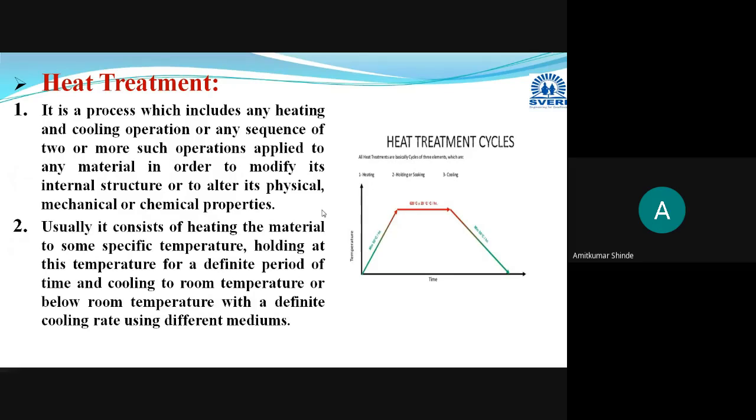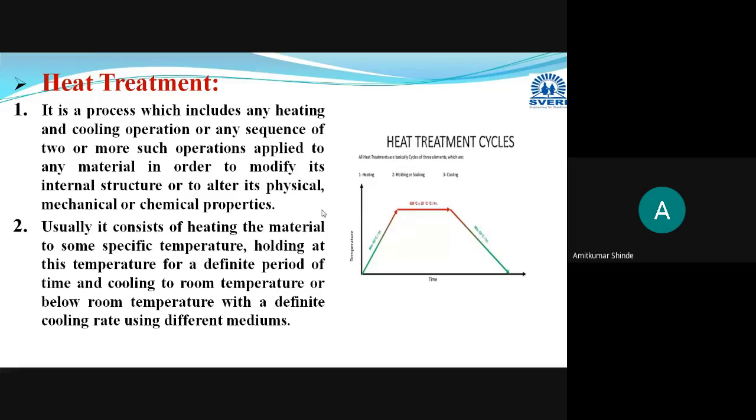Okay, now generally the heat treatment process includes any heating or cooling operation, or any sequence of 2 or more heating or cooling operations. In short, you can say there will be a set of heating and cooling operations, or a set of heating and cooling cycles, and we are applying that to change the properties of that particular material.